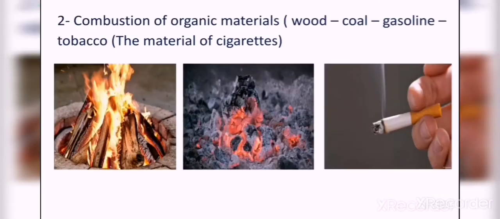Number 2, the combustion of any organic materials like wood, coal, gasoline, tobacco, candle, or oil. All of these are organic materials. So when you burn any organic materials, it will produce the carbon dioxide gas.